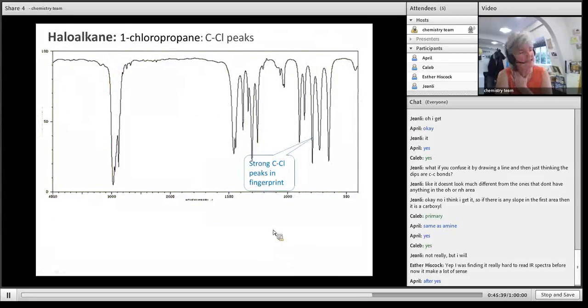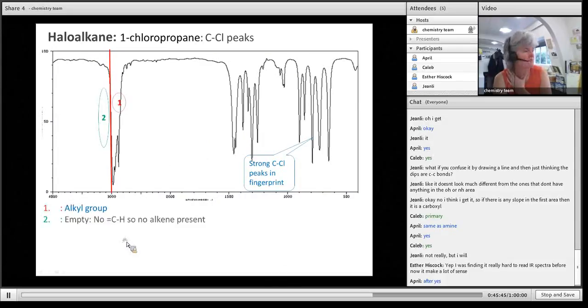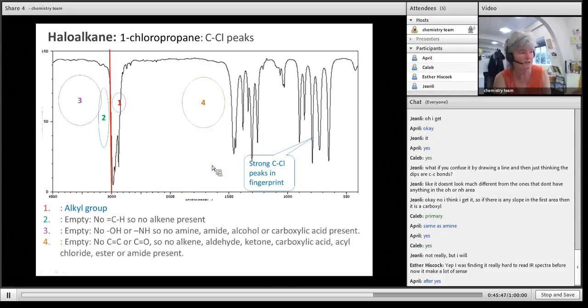Okay, so haloalkane, again, haloalkane 3000. We've got an alkyl group. We don't have all the other stuff, nothing over there, so we can cancel out all these functional groups. You must say what's absent and why it's absent. Don't just say, oh, there aren't any peaks, so it's not the ketone, this, and that. Say there aren't any peaks between 1600 and 1800.